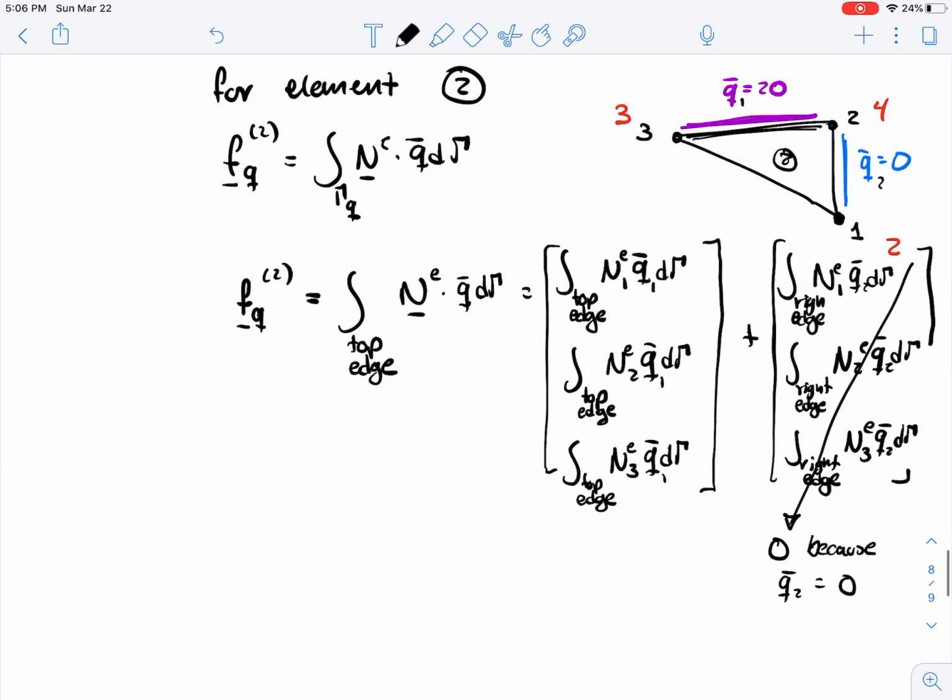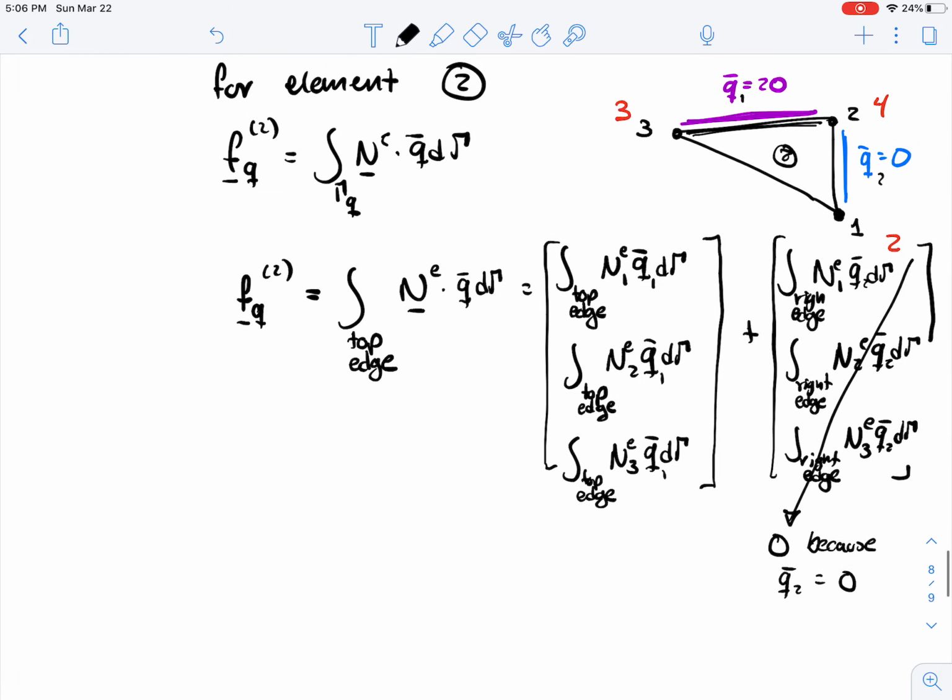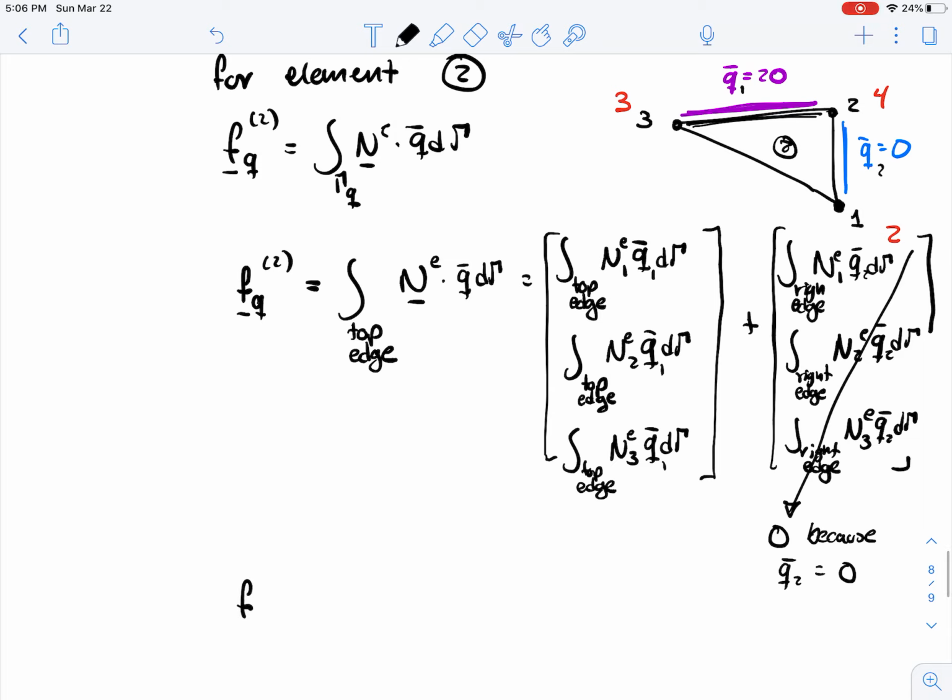If Q was not a constant, then you would actually have to do the integral over the top edge, so a line integral. But Q is constant over the edge, so I can just take that out.